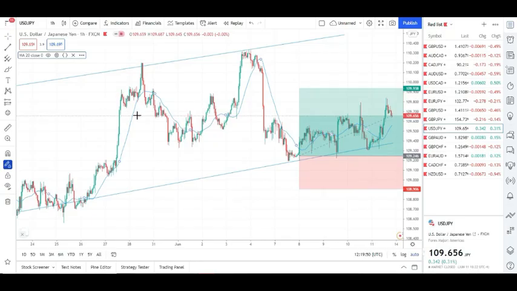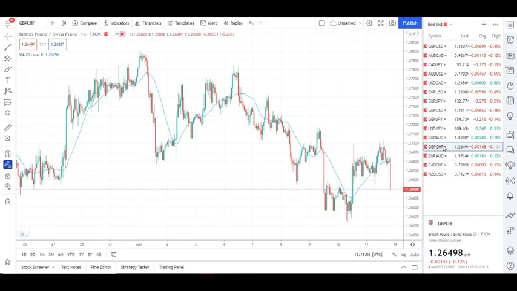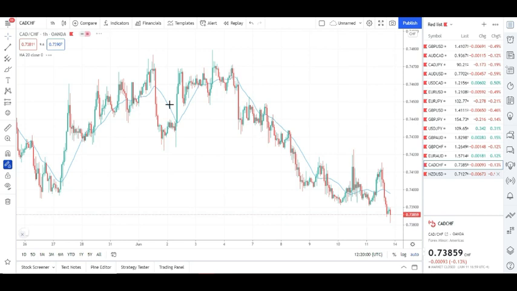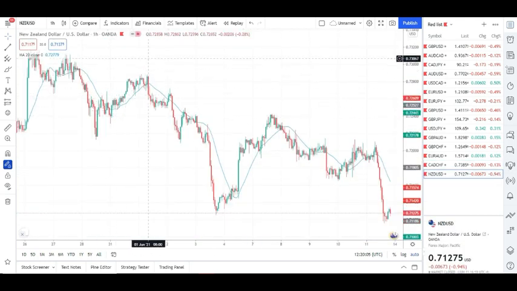So let me show you from this how we use it. I'm trying to see where they are now. Okay, like this, right? It usually works on an uptrend or downtrend.